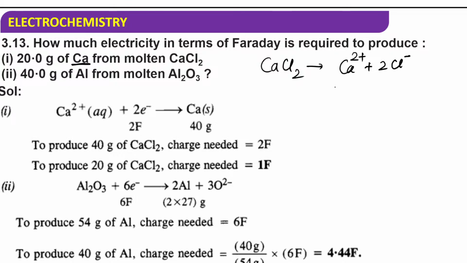So to get calcium from calcium 2+, 2 electrons are used. So 2 Faraday of electricity to get 40 gram of calcium. So to produce 40 gram of calcium, charge needed is 2 Faraday. And to produce 20 gram of calcium, charge needed is only 1 Faraday. Okay.